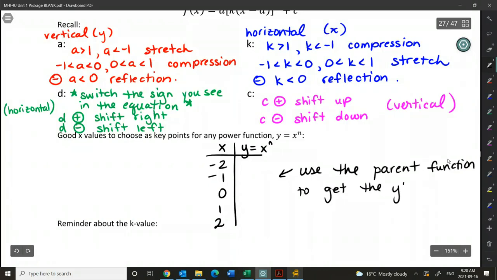Obviously those y's will change if the exponent changes. If the exponent's 2 versus 3 versus 4, the y's will be different. You can keep the same x's. So that's all I need to know, -2 to +2, and then I'm good to go for any power function. Not too hard to remember, right? It's not too bad.